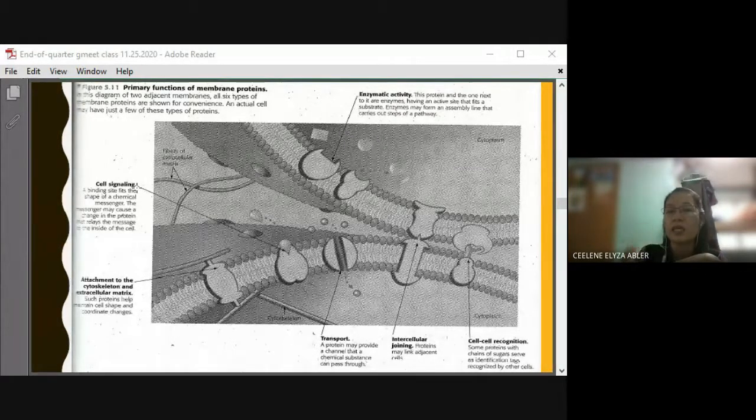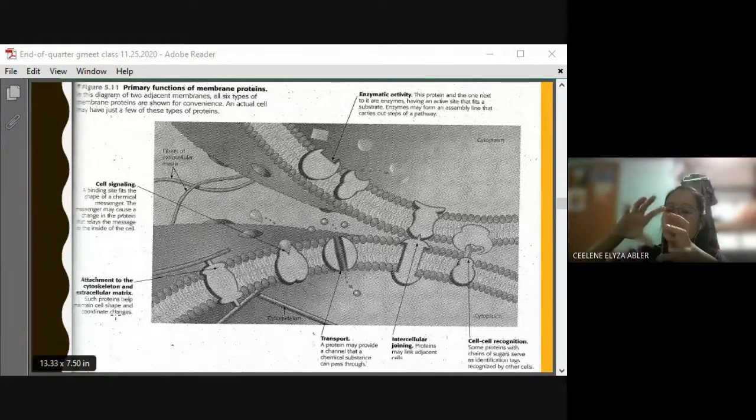So usually yan siya ang ginagamit for changing the substance activation or inactivation, deactivation, ganun siya ang gamit ng cell signaling natin. We have the ones that will attach your cell to the cytoskeleton or extracellular matrix.